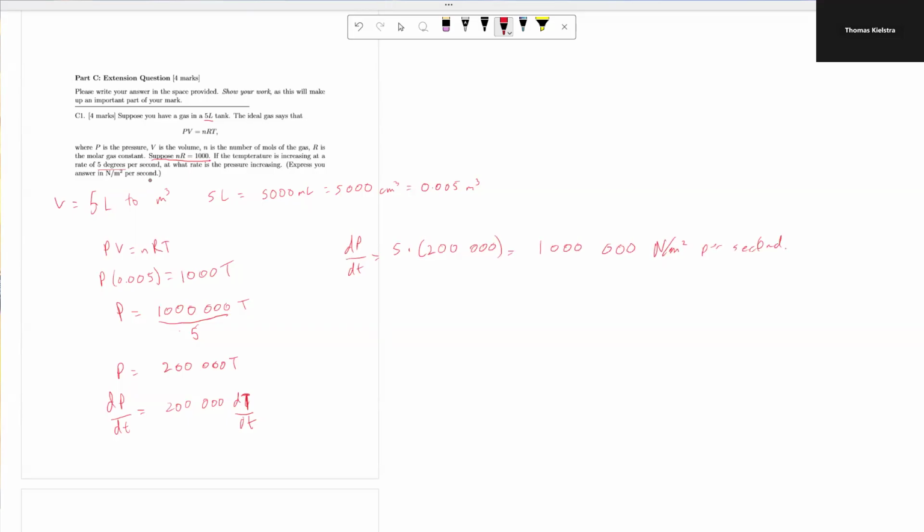which does not make sense. This change in pressure per time is so drastic per second. This n times R, we don't expect it to be 1,000. That's a really, really big number. But this is a made-up example, so that is just fine.